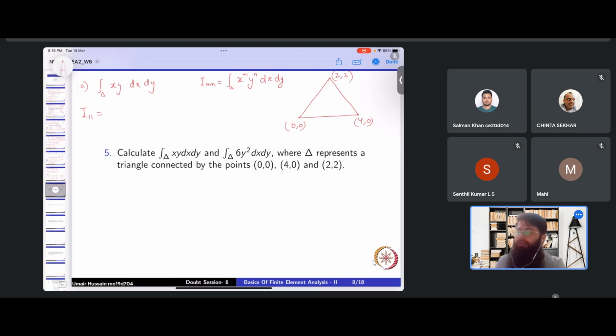Anyone? The integral of xy dx dy. Yeah, right. But I'm asking for the formula for this, the value, the solution for the integral actually.